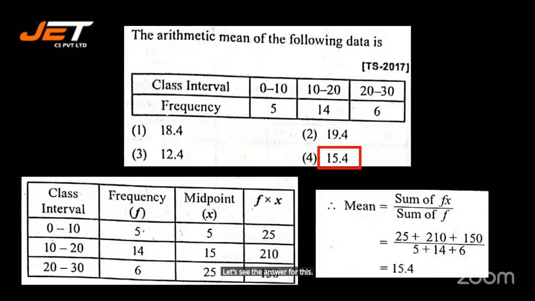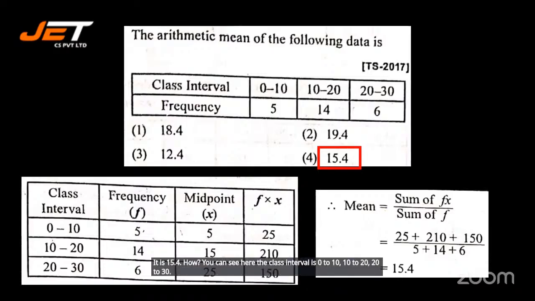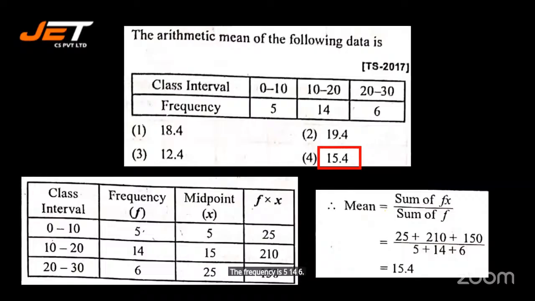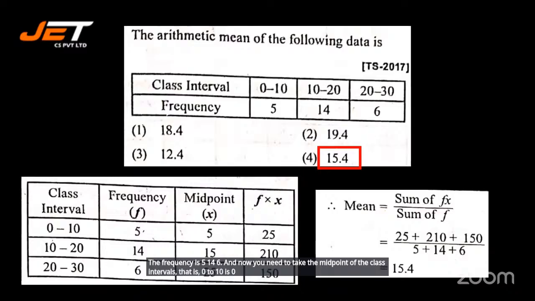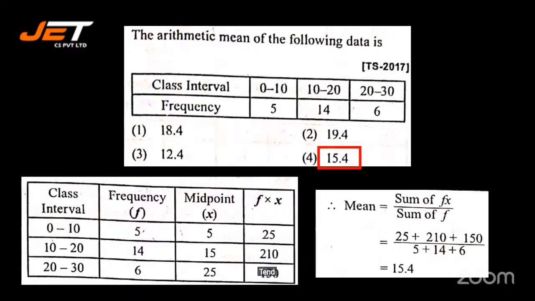Now let's see the answer for this. It is 15.4. How? You can see here the class interval is 0 to 10, 10 to 20, 20 to 30. The frequency is 5, 14, 6. Now you need to take the midpoint of the class intervals. That is 0 to 10 is 0 plus 10 by 2, 10 to 20 is 10 plus 20 by 2, 20 to 30 is 20 plus 30 by 2. So you get the midpoints as 5, 15, 25.